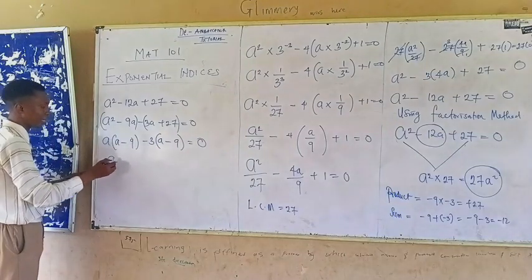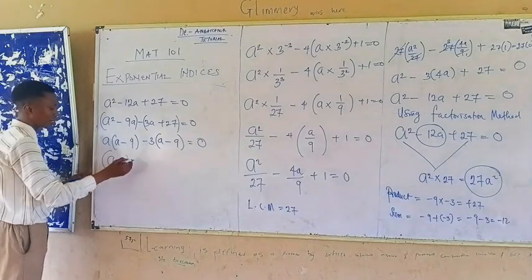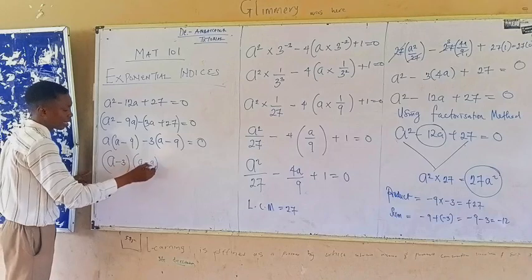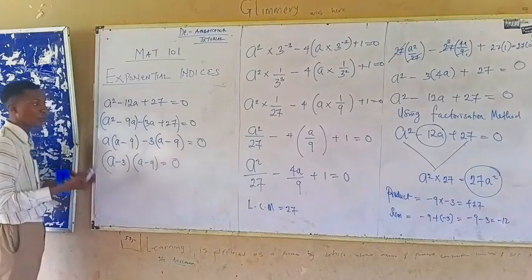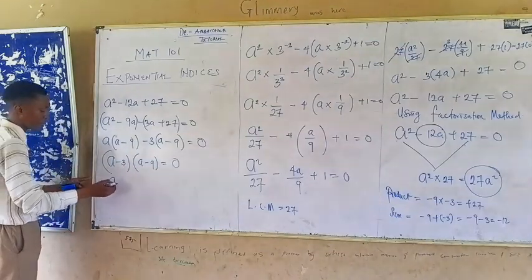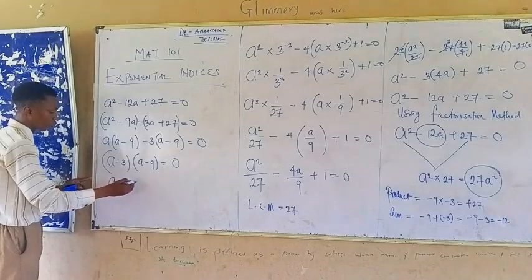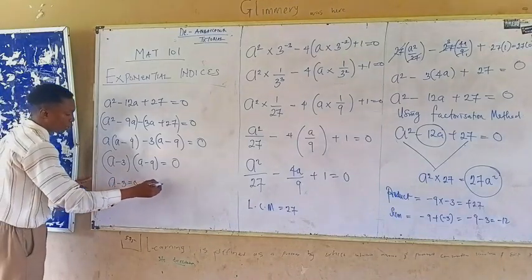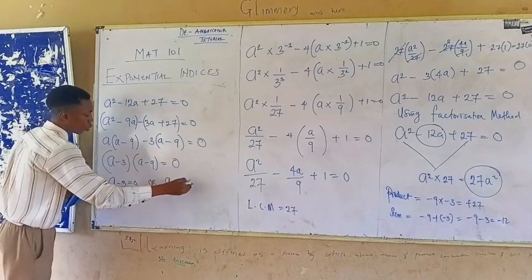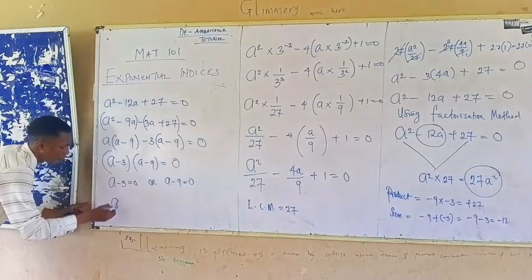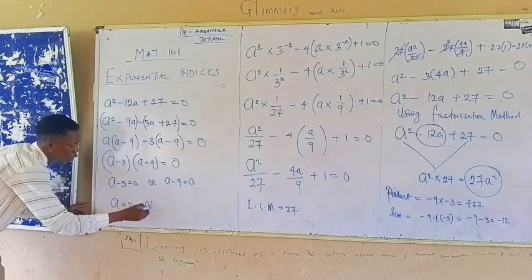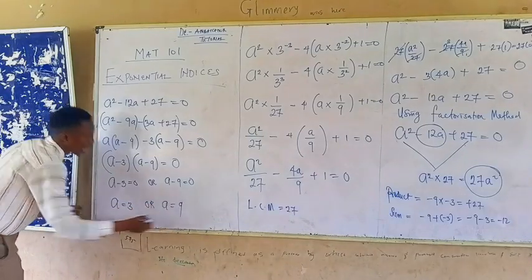So I have that my a minus 3, put that in bracket, then pick one inside the bracket, a minus 9, equal to 0. Now equate each of them. Say a minus 3 equal to 0, or a minus 9 equal to 0. So on the long run, I'm going to have my a to be 3 or my a to be 9.